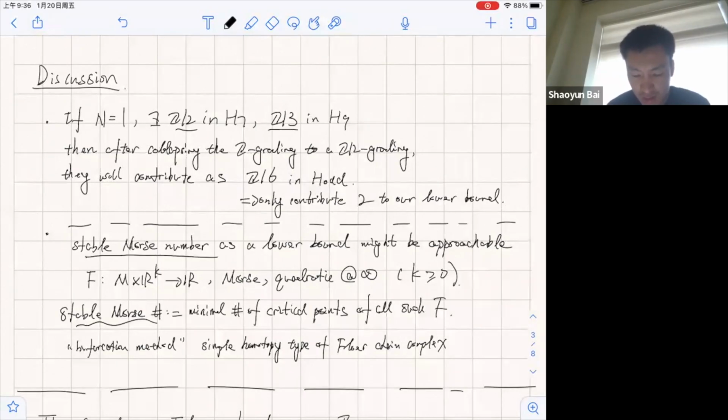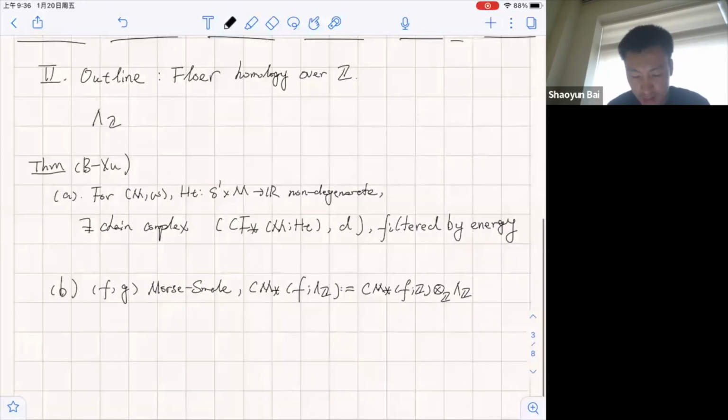So now let me move to the second part, which is an outline of the proof, or an outline of the outline. In one sentence, the proof is based on defining Floer homology over the integers. So let me give you a slightly more precise statement of what we want here.